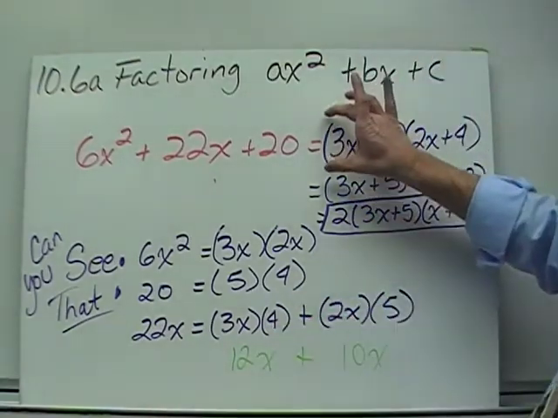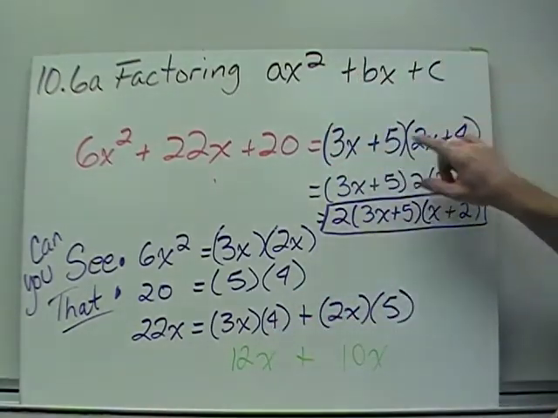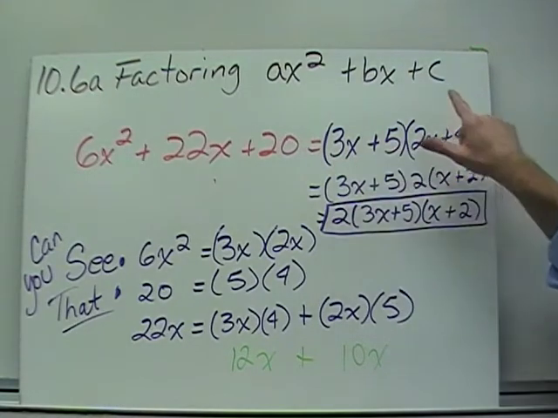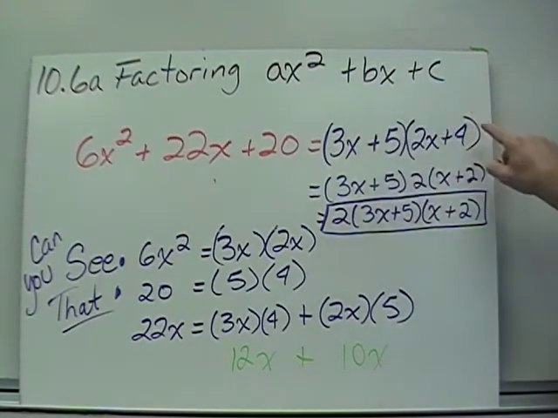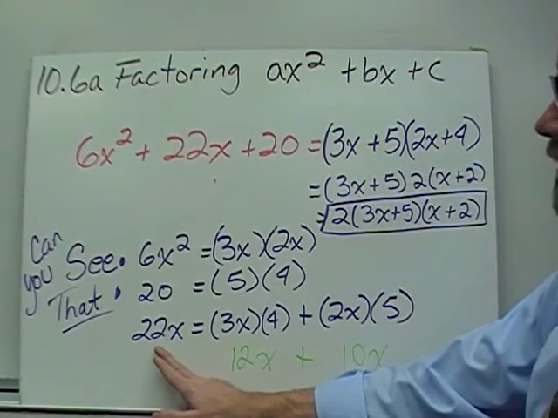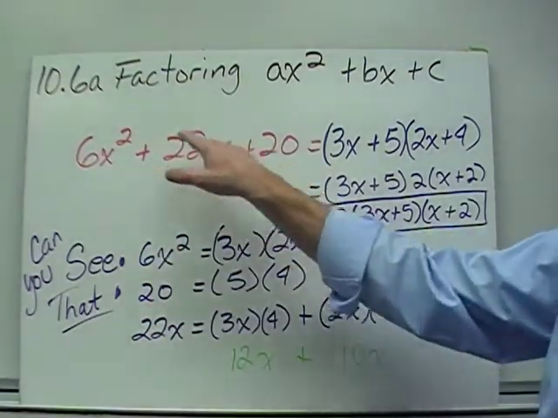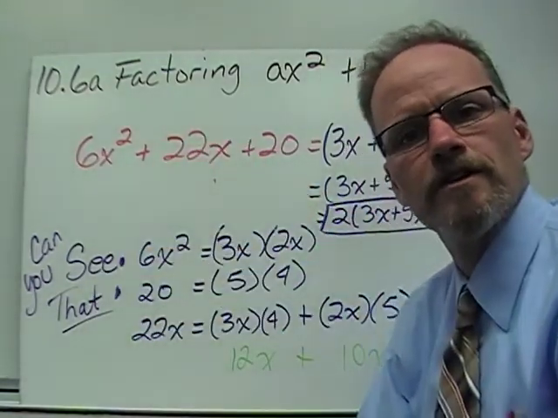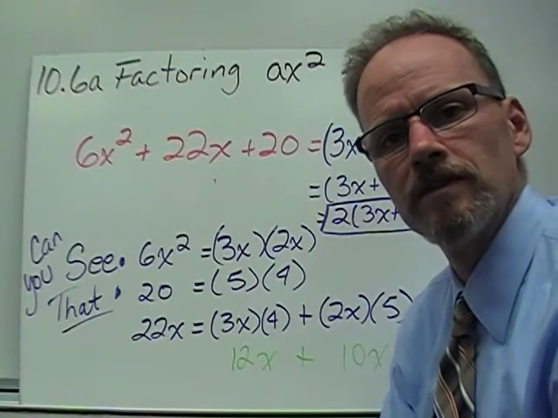So if I look at what I did up here at the top, 3x times 4, you remember doing the outers on FOIL, and 5 times 2x, the inners from FOIL, you would come up with 22x, and you might remember that's how we got that center term when we did trinomials just a lesson ago.